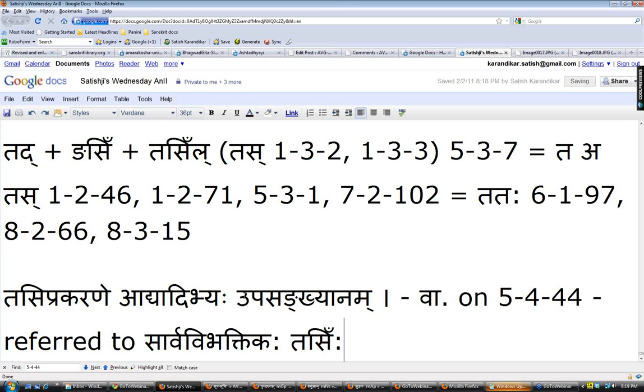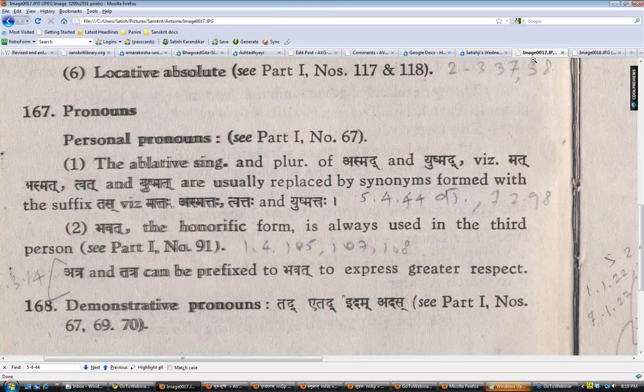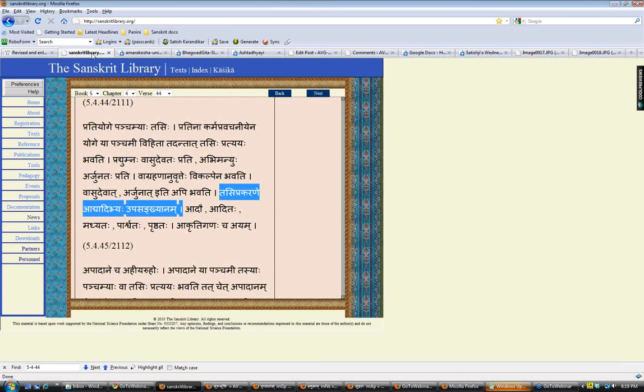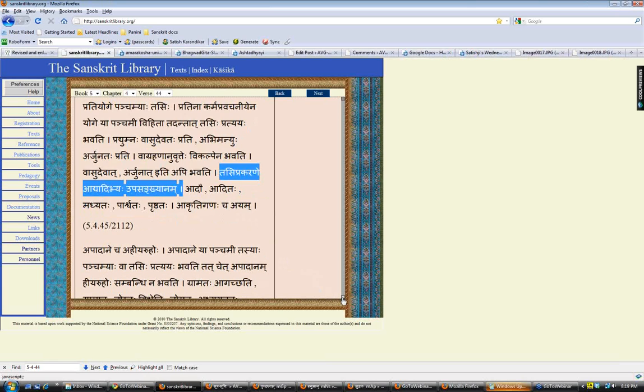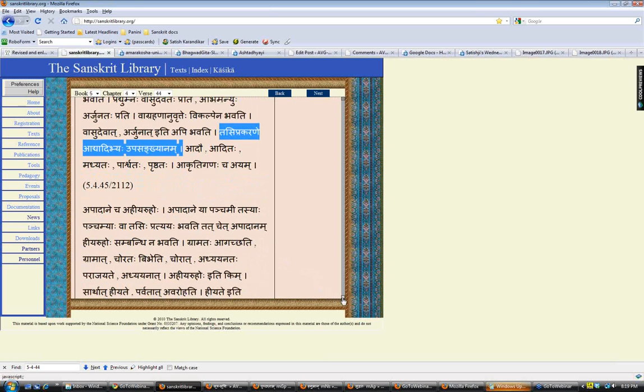So we can use what we have in the lesson right now, mattaha, tvattaha, all that. But there's also a next sutram, whereas this is a vartikam. As far as possible, sutram prayoktavyam, yavat shakyam. Take a sutram as far as possible, not the vartikam. So what does the next sutram say?